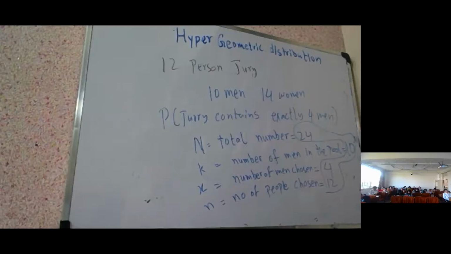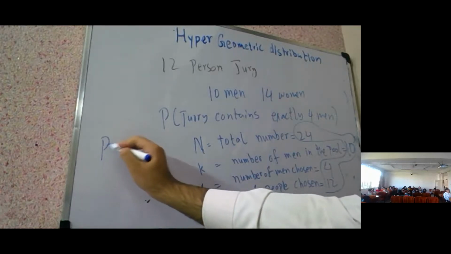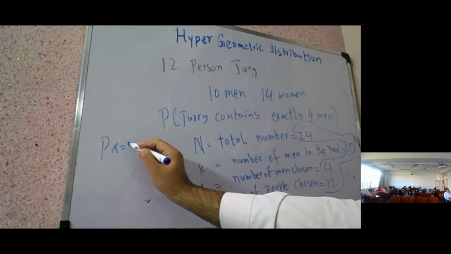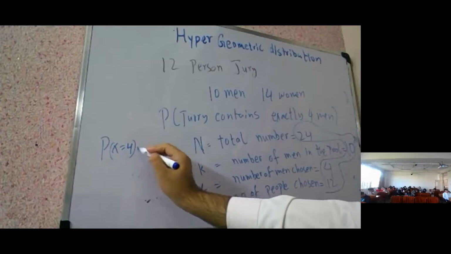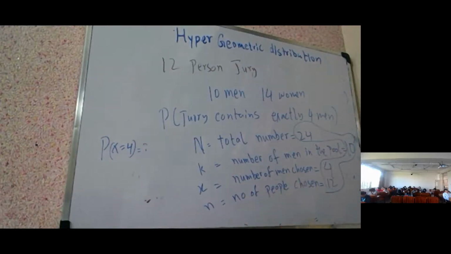Based on this, we have to calculate the probability of x equal to 4, right? Remember this.